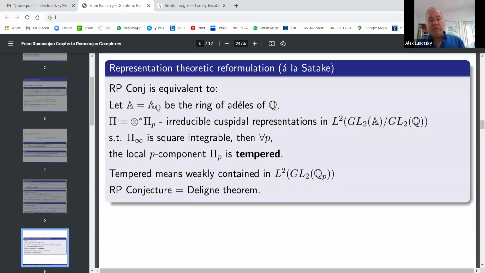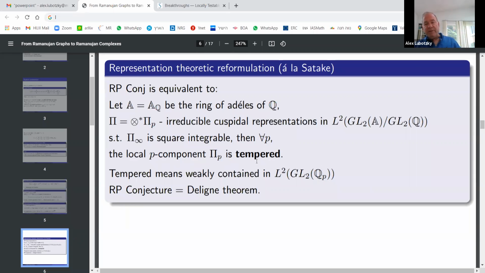And now assume pi is such that pi at infinity is square integrable. Then the conjecture is that for every prime p, the local p component pi p is tempered. Now, what is tempered?